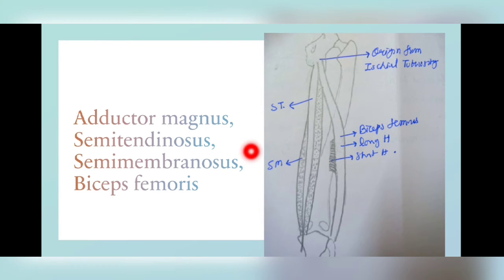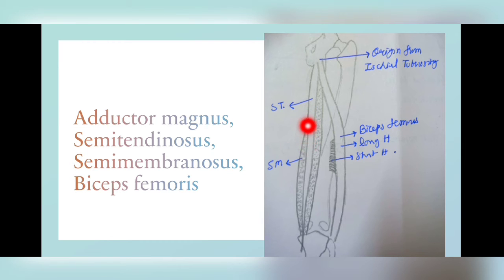So these four arise from the ischial tuberosity.